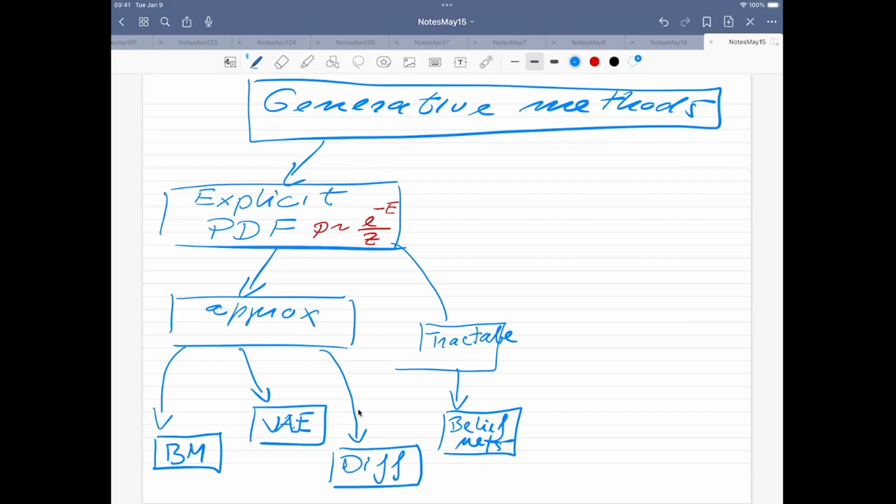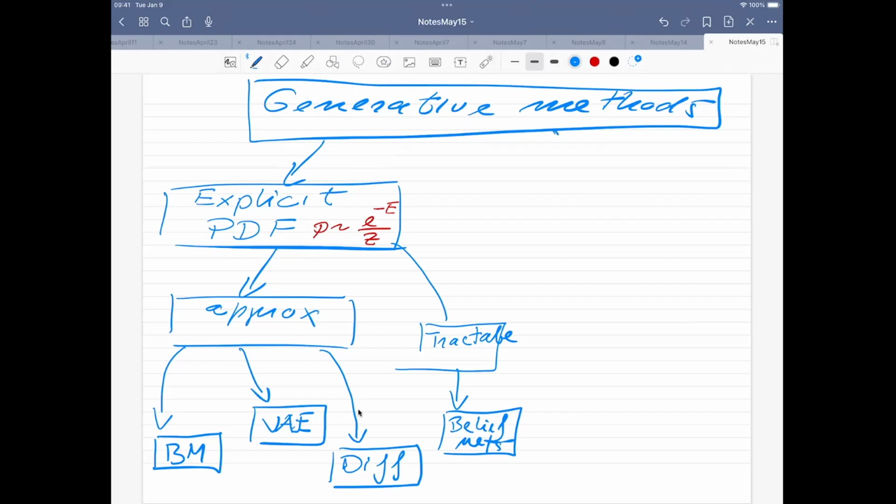So when we are looking at these models, there is always a balance we want to strike between tractability and flexibility. So these models here are less flexible when you look at belief networks. They're heavier to train. But on the other hand, you have a very clear explicit expression for the probability distribution. So these are kind of balances which we often have to strike.